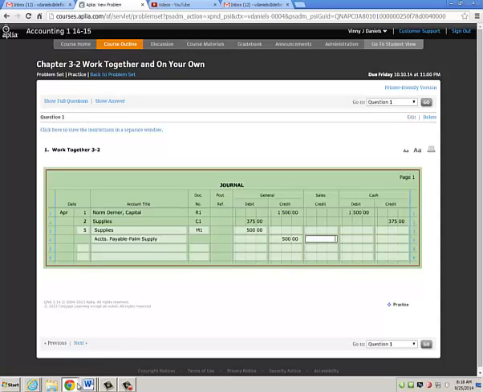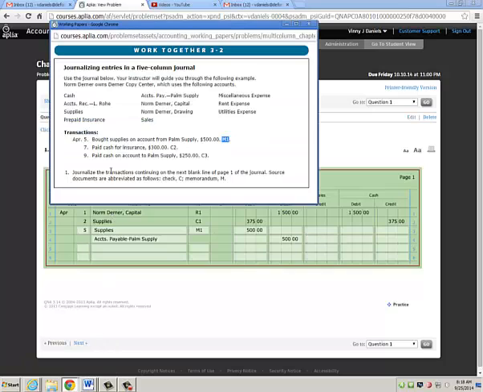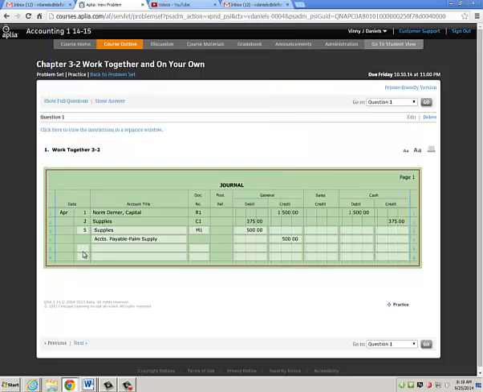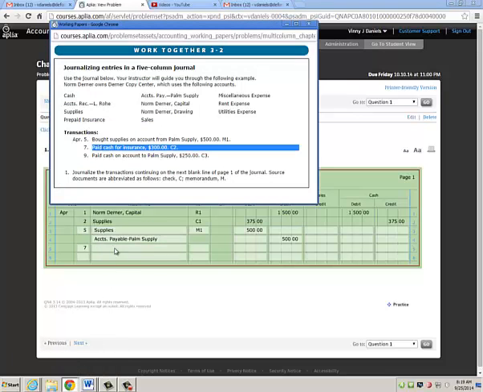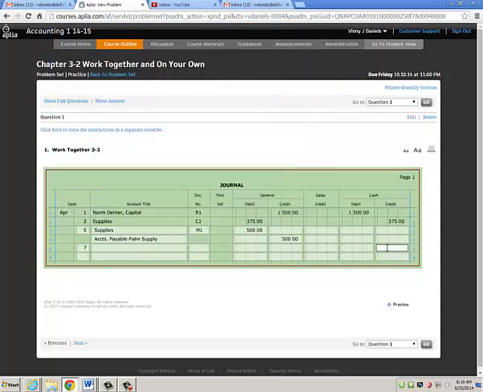As we move on to the second, I hope this is starting to make a little bit more sense. On the 7th, it says paid cash for insurance $300 C2. Well, I'm going to drop in the 7th there. And it says insurance, so we're going to start thinking about what's going on here. Cash, so we obviously have something that's going to go in one of these 2 cash columns.